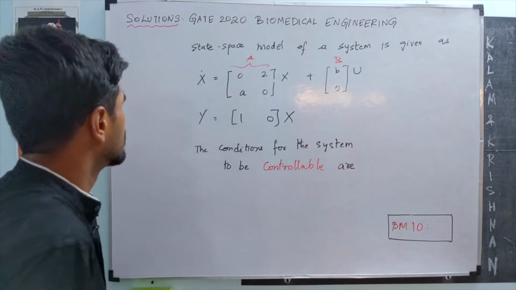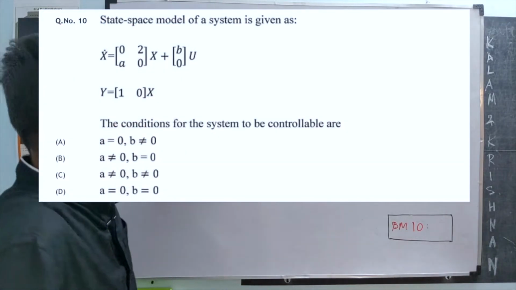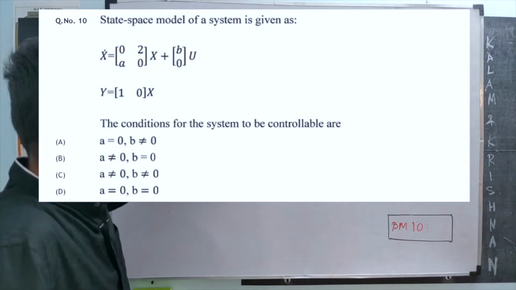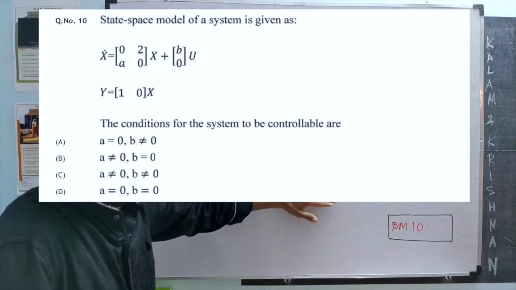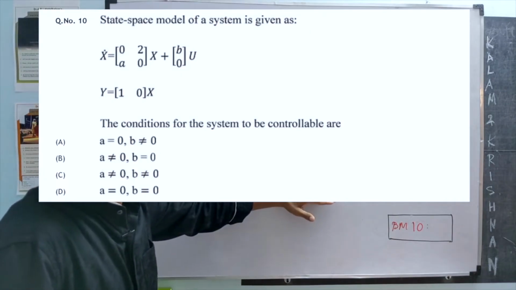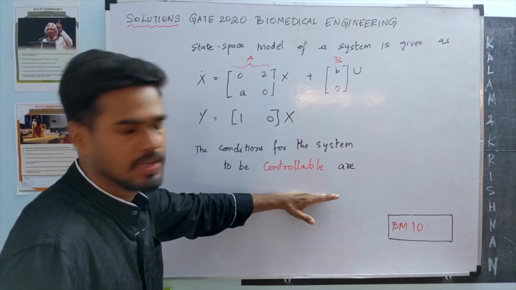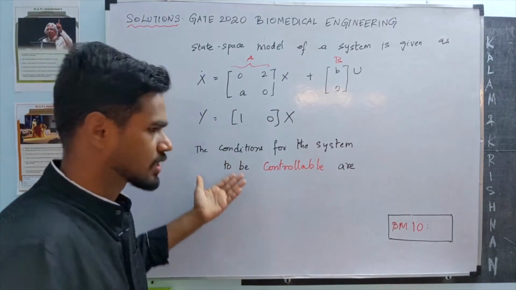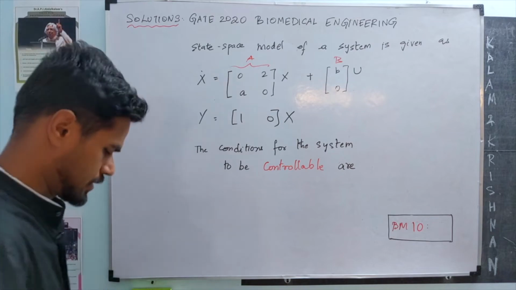10th problem. The state space model of a system is given as x dot is a matrix times x plus another matrix times u, y is a matrix times x. The conditions for the system to be controllable are... it's again one of the simplest problems. The key is to write down the controllability matrix, and the system is controllable when the controllability matrix has full rank.